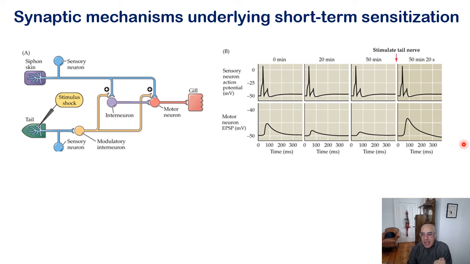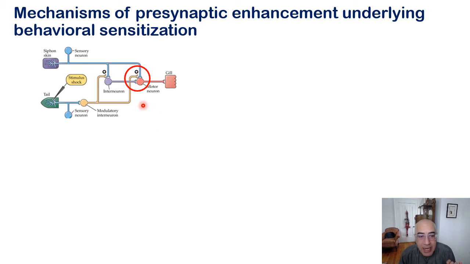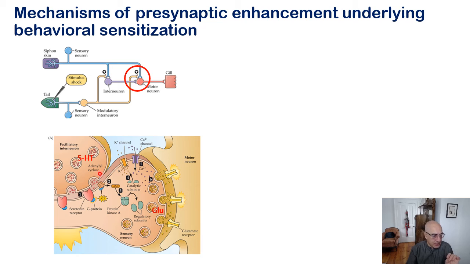All right. How does this happen? So this is basically looking at the amplitude of the EPSP and what happens. I'm going to ignore this for now. But what I want you to focus on is this particular synapse. And again, ignore the interneuron. There's a modulatory neuron coming in to the sensory motor synapse, and this modulatory neuron releases serotonin.